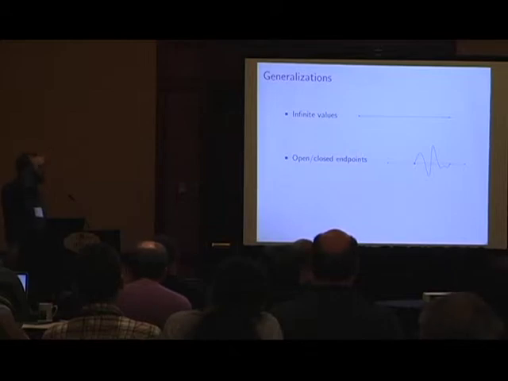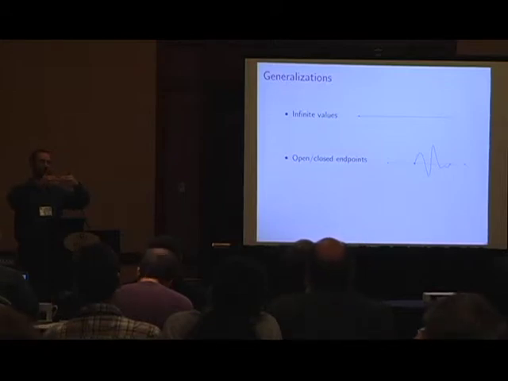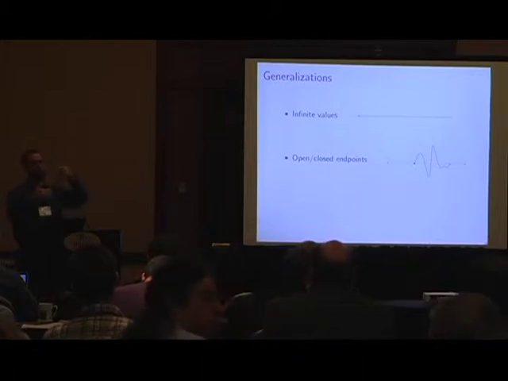We were also thinking about if you want to sequence two things in time, what happens exactly at the point where they meet? What is the value that you end up with there? One possible answer is that we have to keep track of whether the endpoints are open or closed. Is there a value at the endpoint or is there not? And then you would say you can only compose two things in sequence if one of them has a value at the end and the other one doesn't. Then you don't have problems with things matching up.